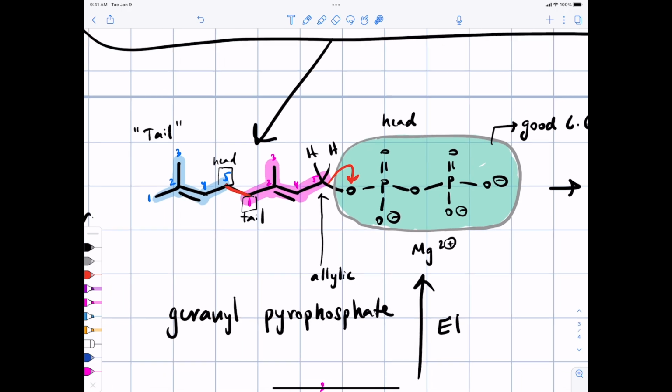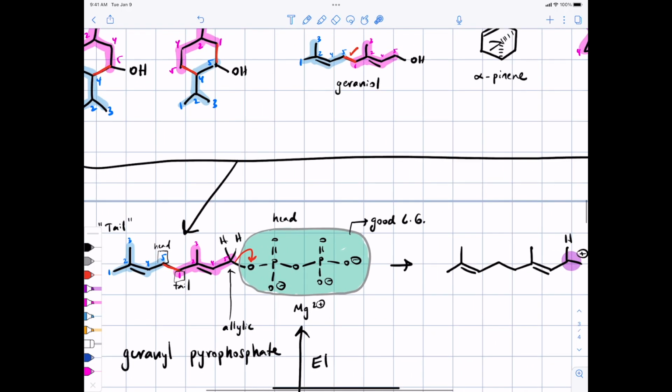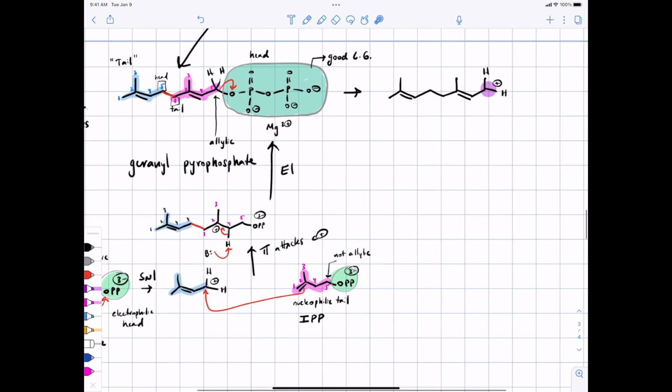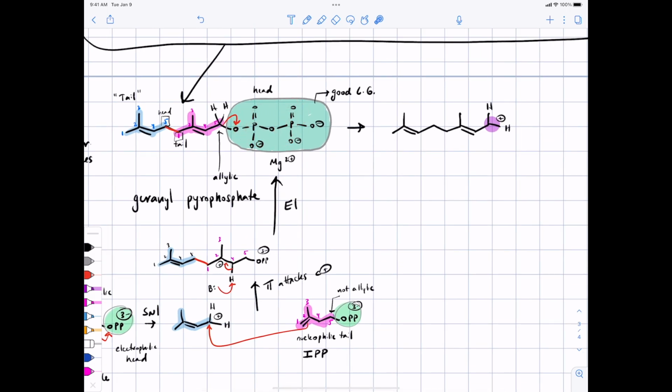Because if we want to, we can start from geranyl pyrophosphate and we can repeat the step below using this as our leaving group and this is another nucleophile, and we can string another isoprene unit on the head of that geranyl pyrophosphate. And so that's just incremental iterative synthesis. This is actually how natural latex is made, through this process.